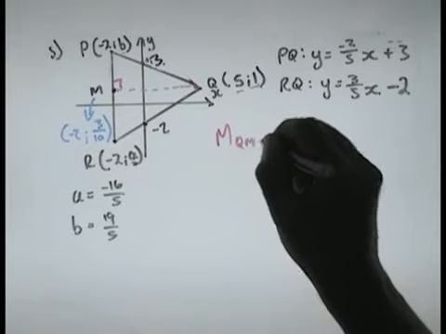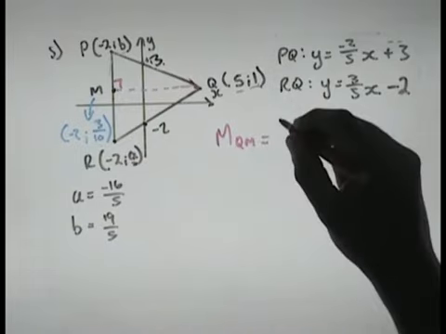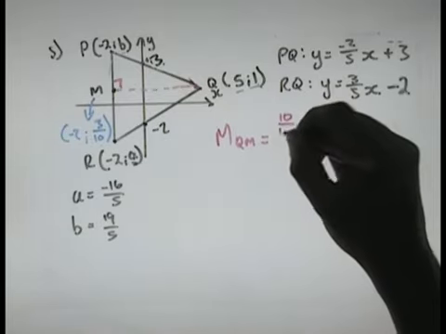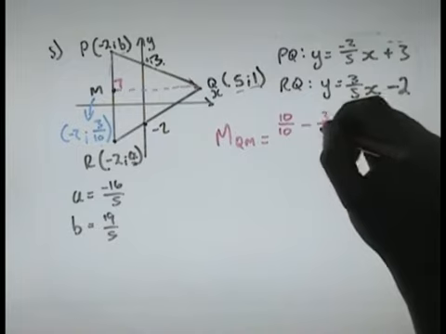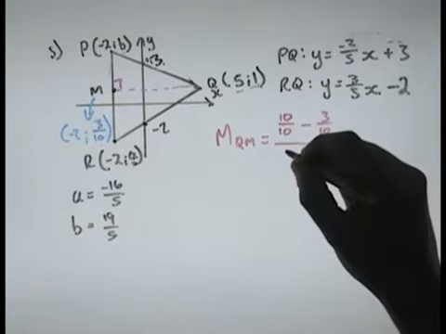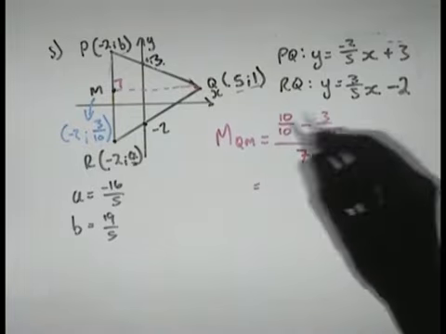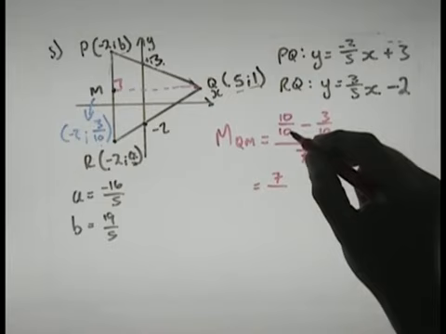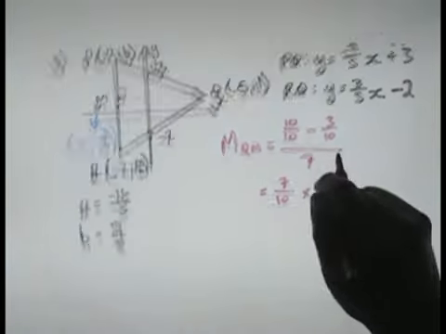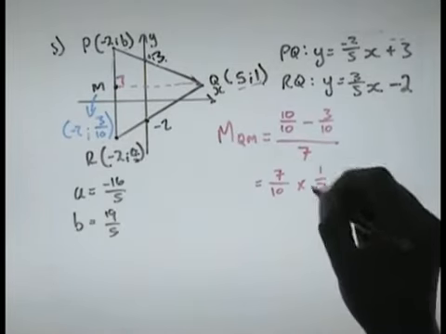The gradient of QM is going to be given as y2 minus y1, which is 1 minus 3 over 10, or 10 over 10 minus 3 over 10, over x2 minus x1, which is going to be 5 minus minus 2, which is 5 plus 2, 7. 10 minus 3 is 7 over 10 divided by 7 over 1, or rather multiplied by 1 over 7. 7's cancel.